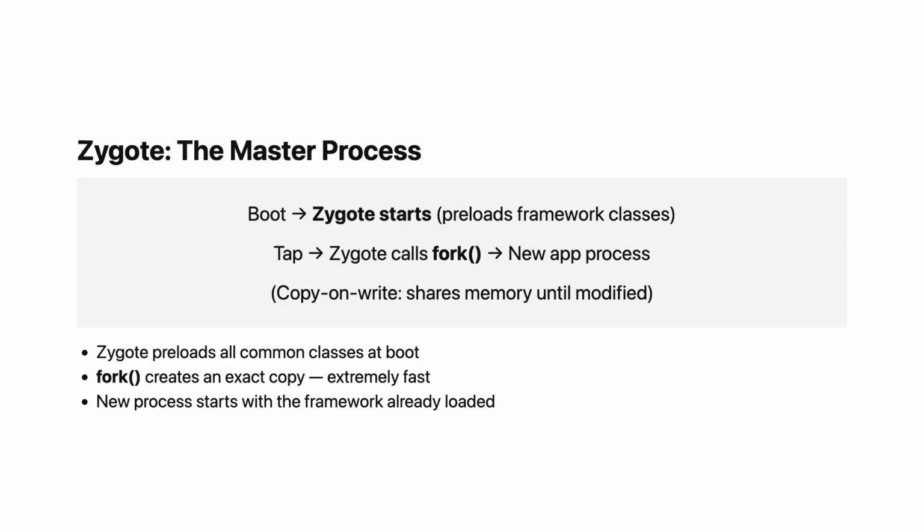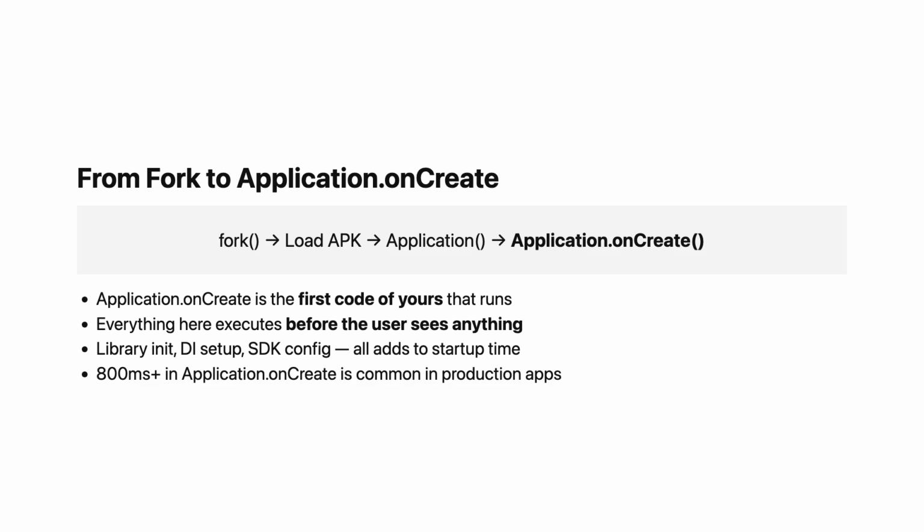Once Zygote has forked a new process for your app, the runtime needs to set up your specific application. It loads your APK, finds your application class, and calls its constructor, followed by onCreate. This is the first code of yours that runs. And here is the critical thing: everything that happens in application onCreate happens before your user sees anything. Every library you initialize, every SDK you configure, every analytics framework you set up, all of it adds directly to your startup time.